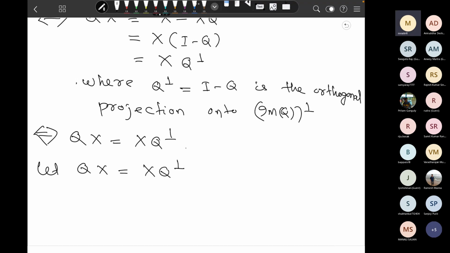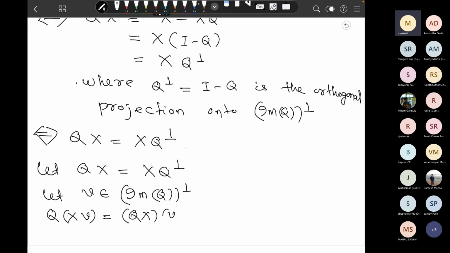Let us suppose v belongs to image of Q perp. So that means Q of Xv is really QX of v, and QX is equal to X Q perp, applied to v.